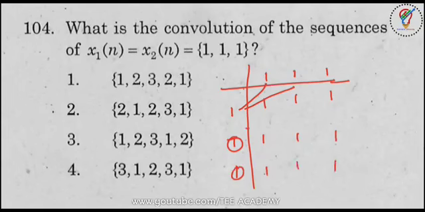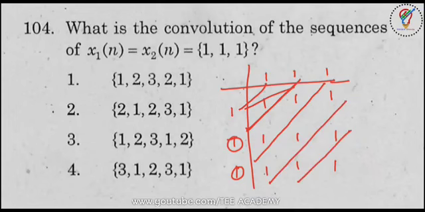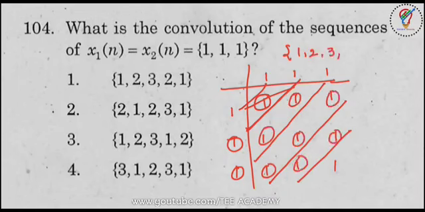Now take the cross mapping like this. The resultant convolution starts with 1. Next, 1 plus 1 is 2. Next it is 3, then 2 again, and the last one is 1. Among the options, the one that matches is 1 2 3 2 1, so option 1 is the right answer for this question.